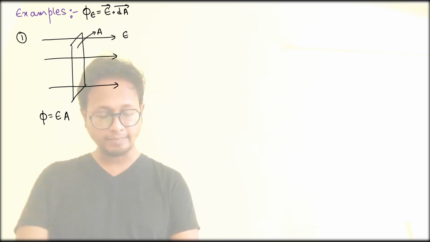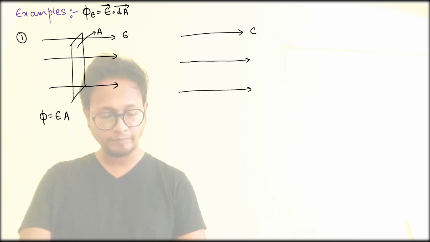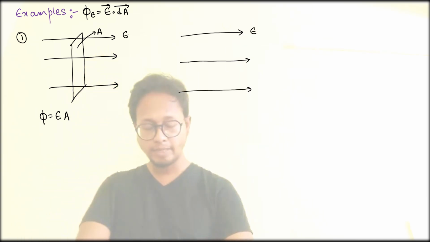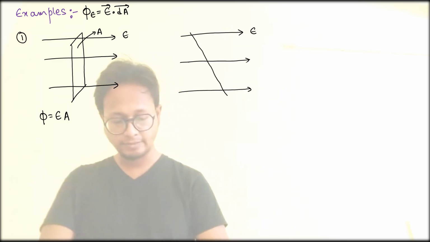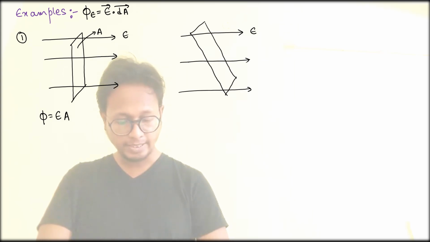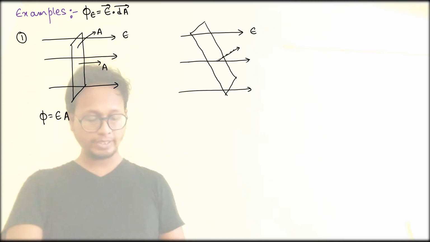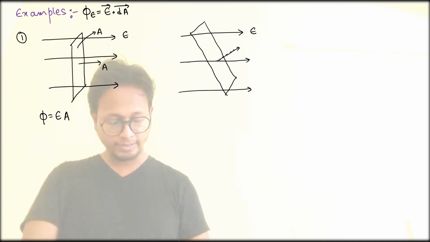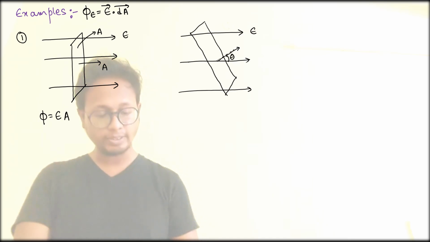Now the second example. Okay, the same electric field of magnitude E, the same paper of area A. But instead of keeping the paper straight, I have kept the paper in a slanting direction, such that the area vector out here makes an angle theta with the electric field vector.